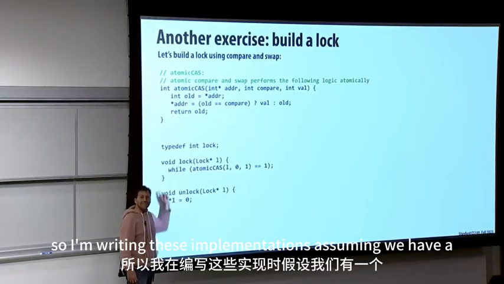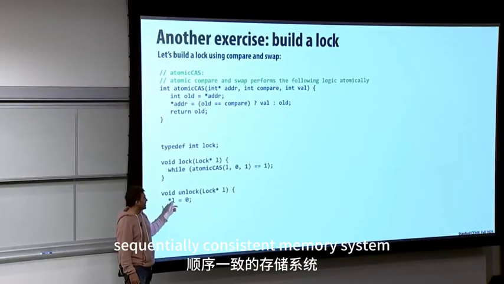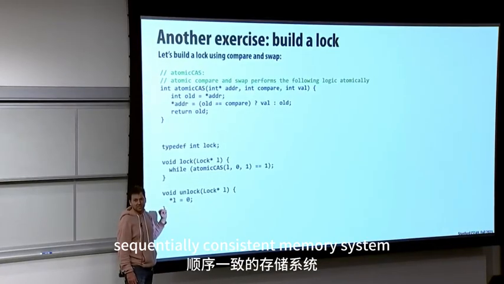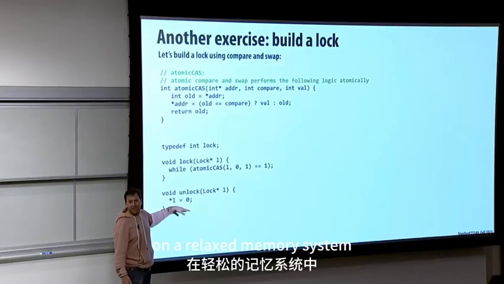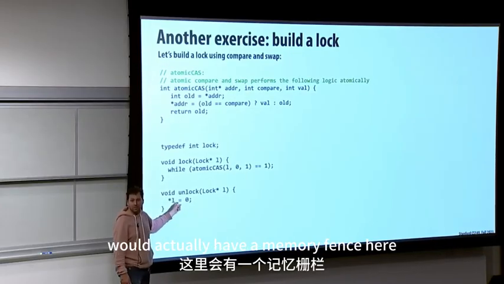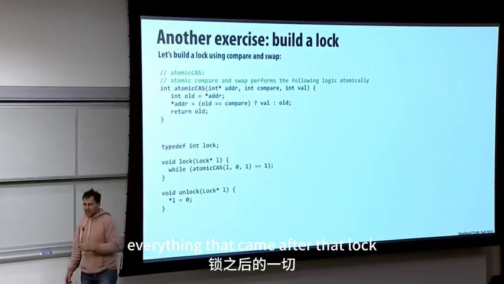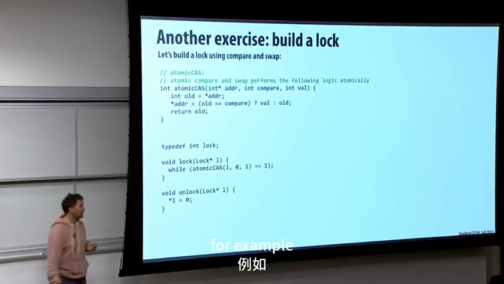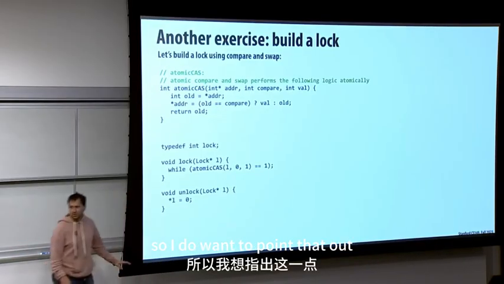So I'm writing these implementations assuming we have a sequentially consistent memory system. A real implementation of lock on a relaxed memory system would actually have a memory fence here to make sure that everything that came after that lock, or before that lock, for example, was not reordered with respect to other processors. So I do want to point that out.